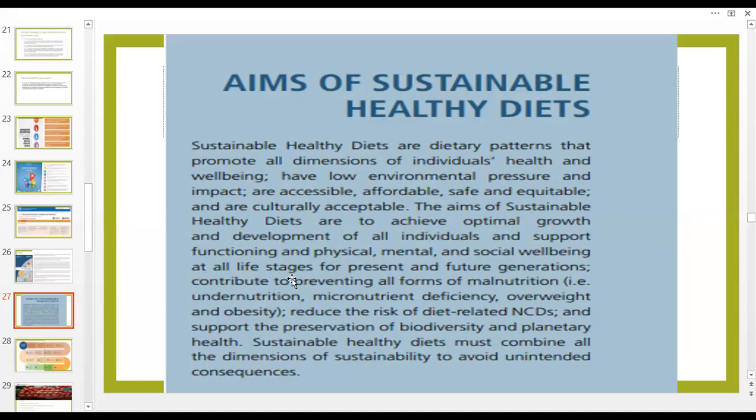So the aim of the sustainable healthy diet is to achieve optimal growth and development of all individuals and support functioning and physical, mental, and social well-being at all life stages, to prevent all forms of malnutrition and reduce the incidence of non-communicable diseases.